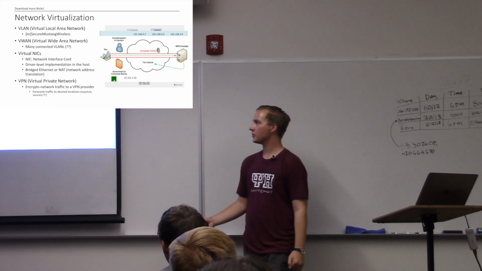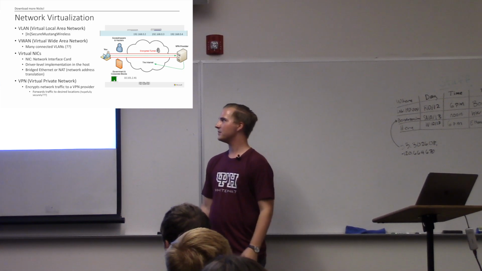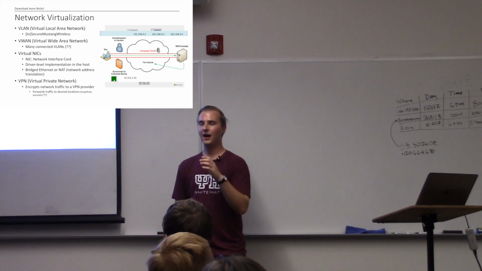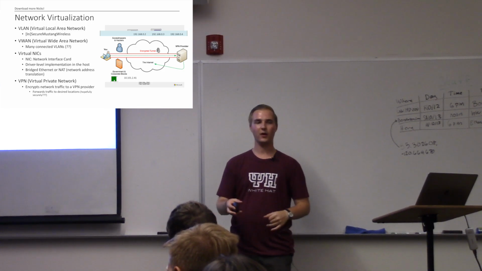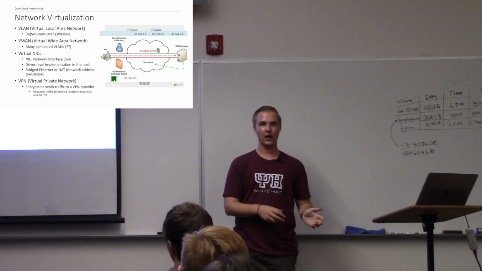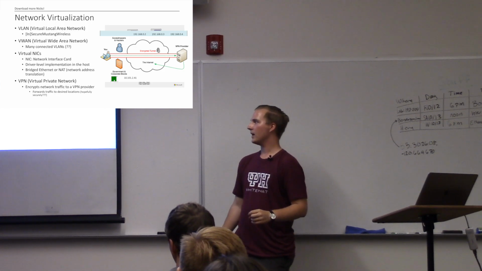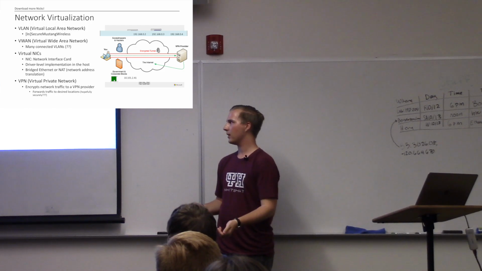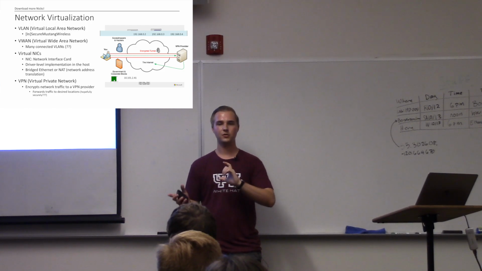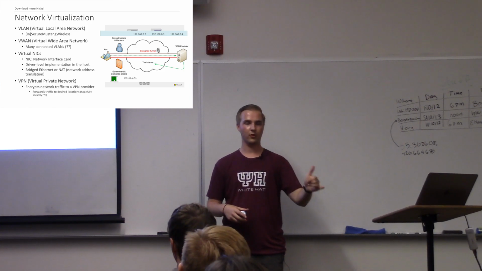And there's also virtual private networks. These differ from the others, where the other three are more emulating hardware implementations of networking components, whereas a VPN, or virtual private network, is applying encryption to your traffic to, say, Google.